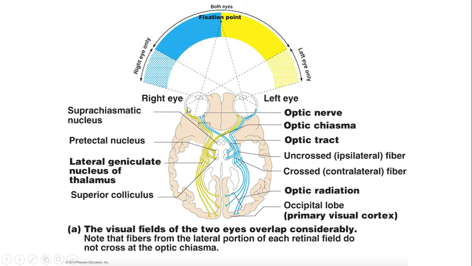The lateral aspect, we already talked about the medial. From the lateral aspect, we receive the information and it goes to the same side. You can see there's no crossing over from the lateral standpoint. Same thing goes on the other side here. From the lateral, we receive the information on the same side for the lateral portion of the retina.